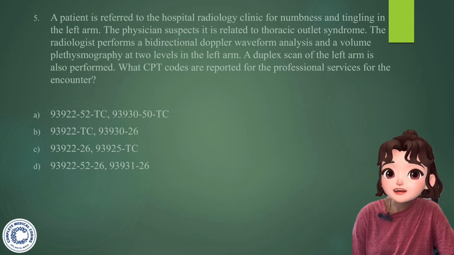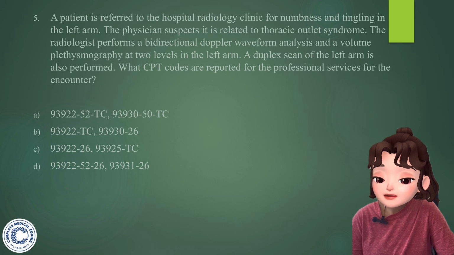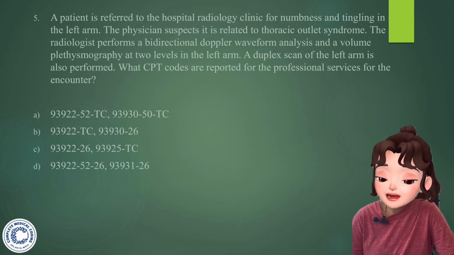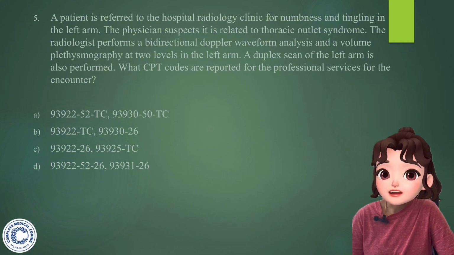So 93922 represents limited bilateral non-invasive physiologic studies of upper or lower extremity arteries. Example, for lower extremity, ankle-brachial indices or distal posterior tibial and anterior tibial dorsalis pedis.